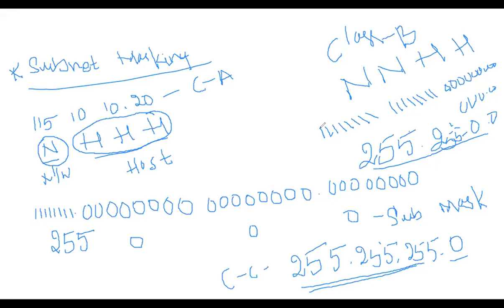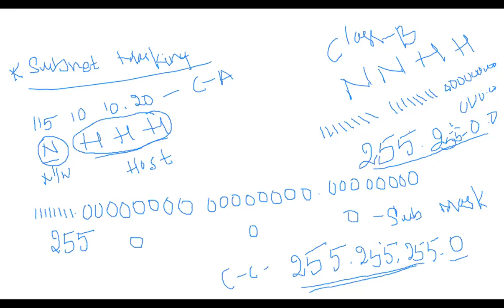For class B, 2 octets are reserved for network and 2 for host. For class C, 3 octets are reserved for network and 1 octet for host. This is how we do subnet masking.